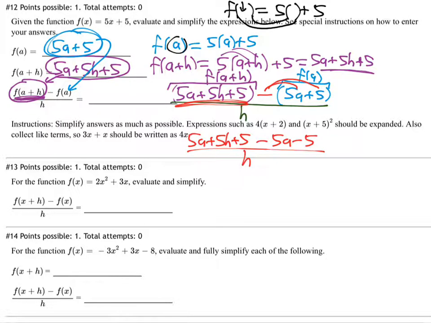Now can we cancel anything? Yeah. 5a and 5a. 5 and 5. 5h over h. Can we cancel those h's? Yes. Absolutely. There's no glue. There's no pluses or minuses anymore. Remember, that's the Costco thing we always have to be wary of, but they're gone.